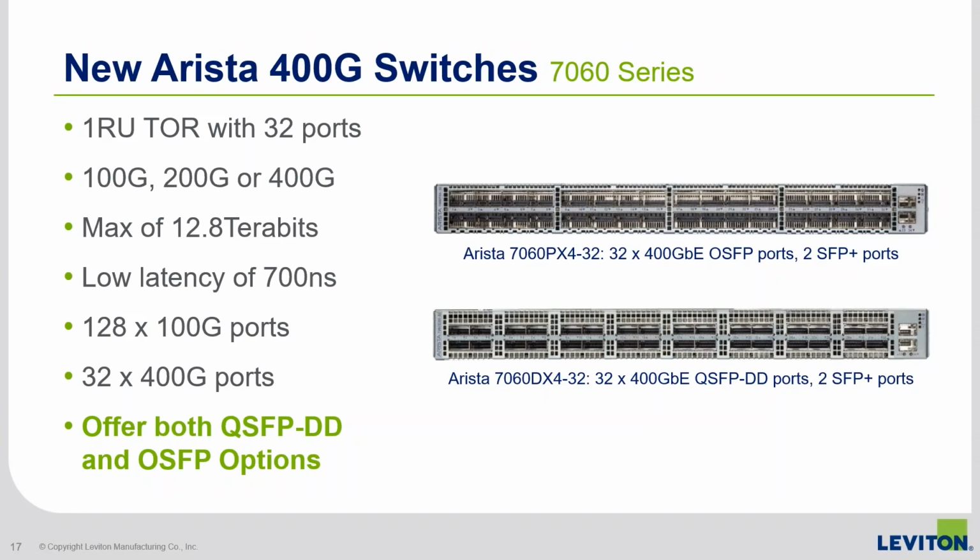They are offering both options, OSFP or double D ports, 32 in. From a breakout scenario, you can get up to 128 100 gig ports. That's what I was talking about in terms of the increased density.